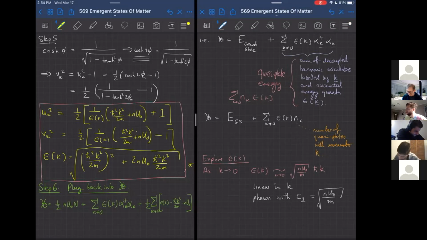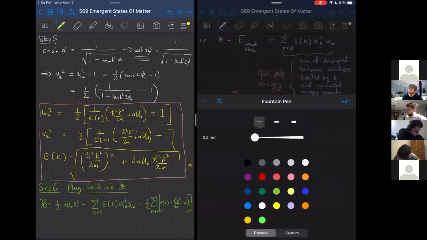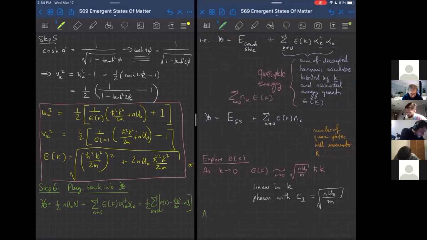And then if I look at it for large values, as k gets large, epsilon of k is equal to h bar squared k squared over 2m plus n u naught.